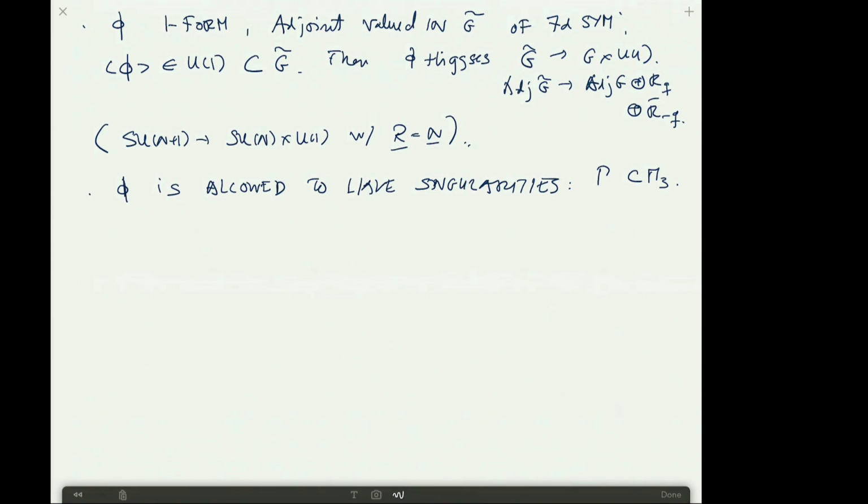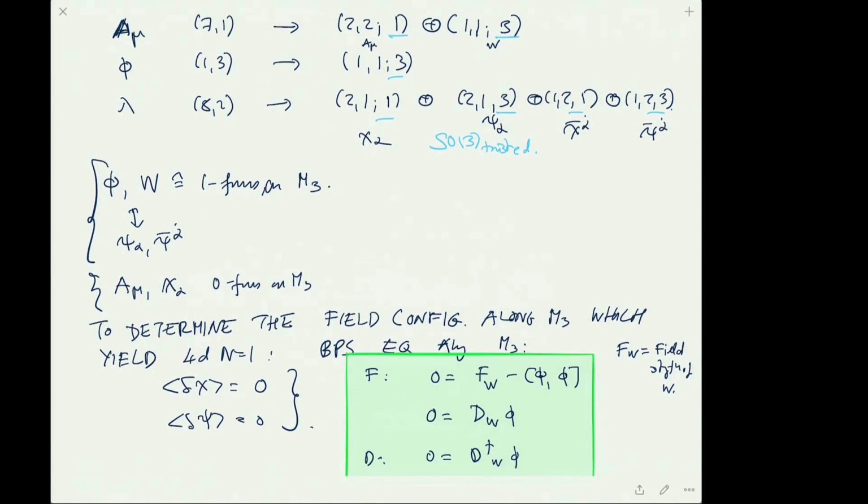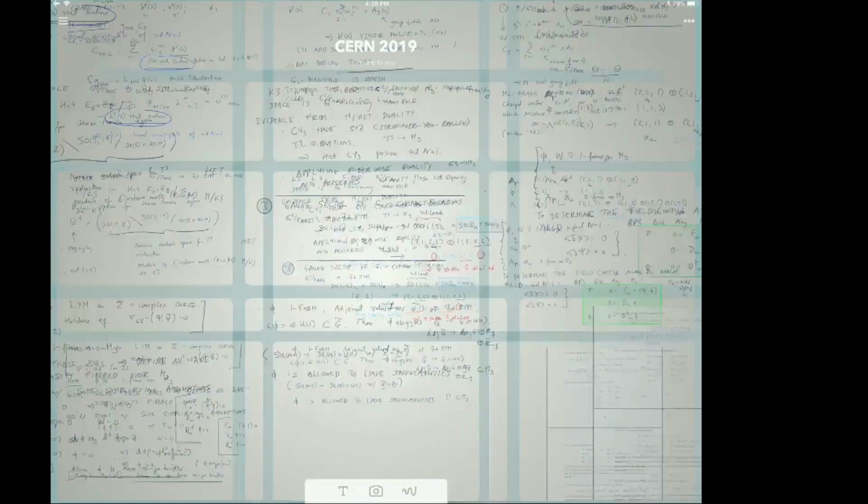So the Hitchin equations, or these generalized Hitchin equations that we have here, phi commutes, pi 1 is still 0, so W is 0, so we're actually looking at d phi and d dagger phi equal to 0.